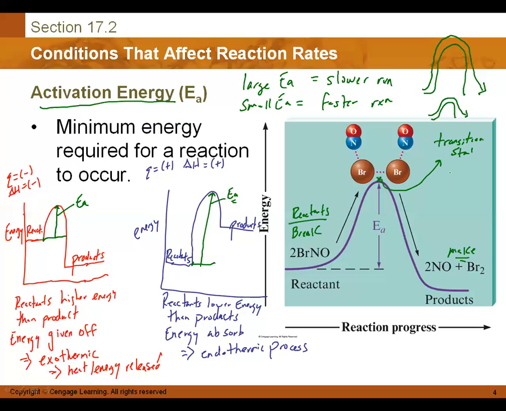And at the transition state, we have what is sometimes referred to as the activated complex, or the transition state complex. This is a species where, as we were talking about earlier, we're breaking some bonds, so we have some partially broken bonds here, and we have some partially made bonds here.